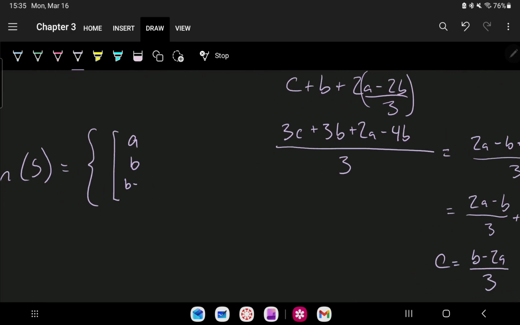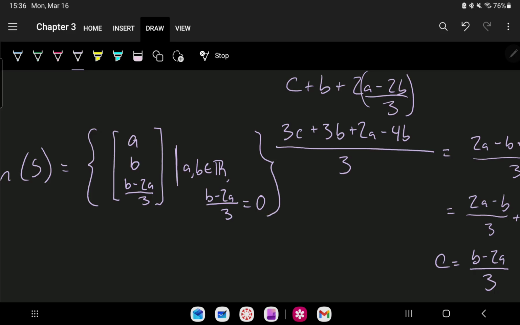So this is going to be b minus 2a over 3, such that we have two conditions here, right? We have a and b are real numbers, and I'm going to need to write this a little down here because I'm impeding my space. B minus 2a over 3 is equal to 0, right?